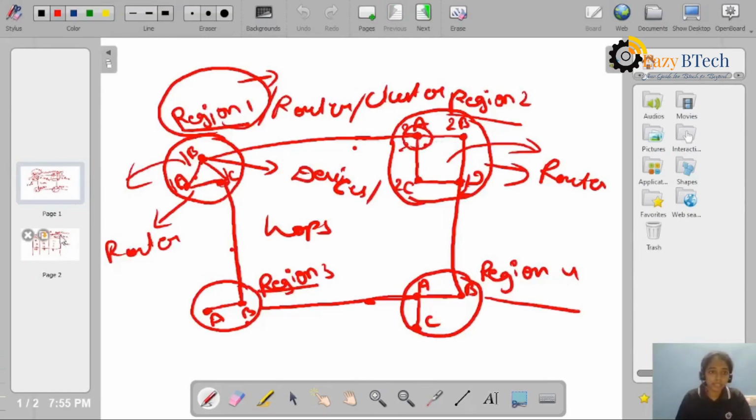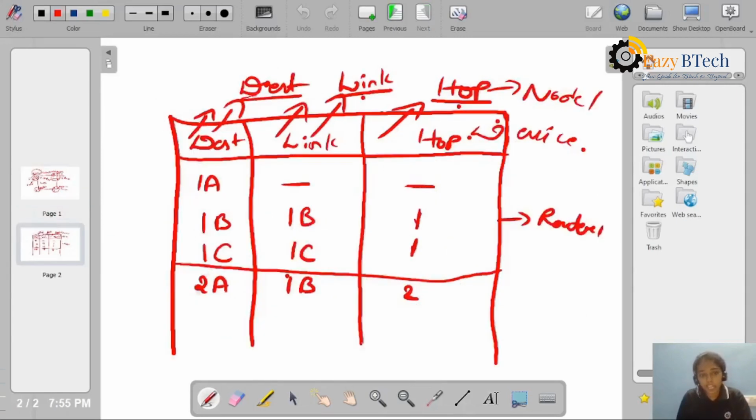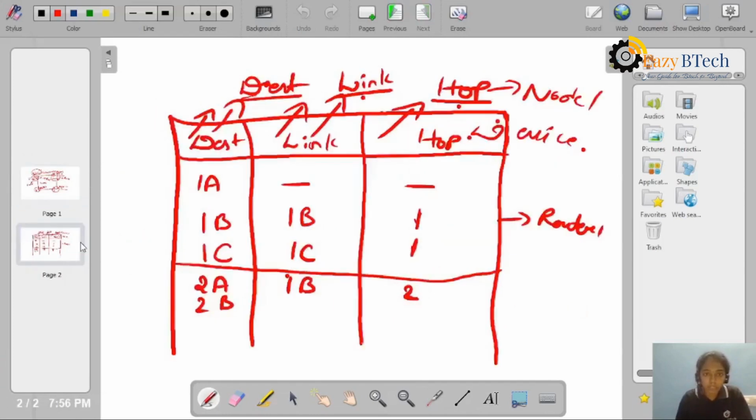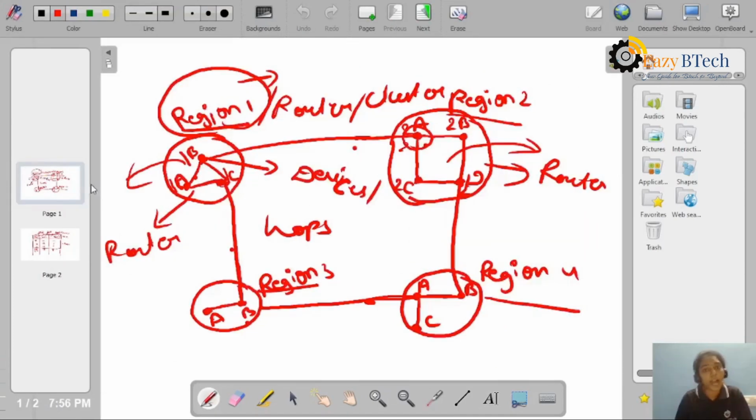Next, 2B. Like that, for each and every router we have to maintain where it goes from, where it is interlinked to the next region, the next devices. We have to write this for each and every node. So this is a full routing table, which will be summarized into a hierarchical routing table.